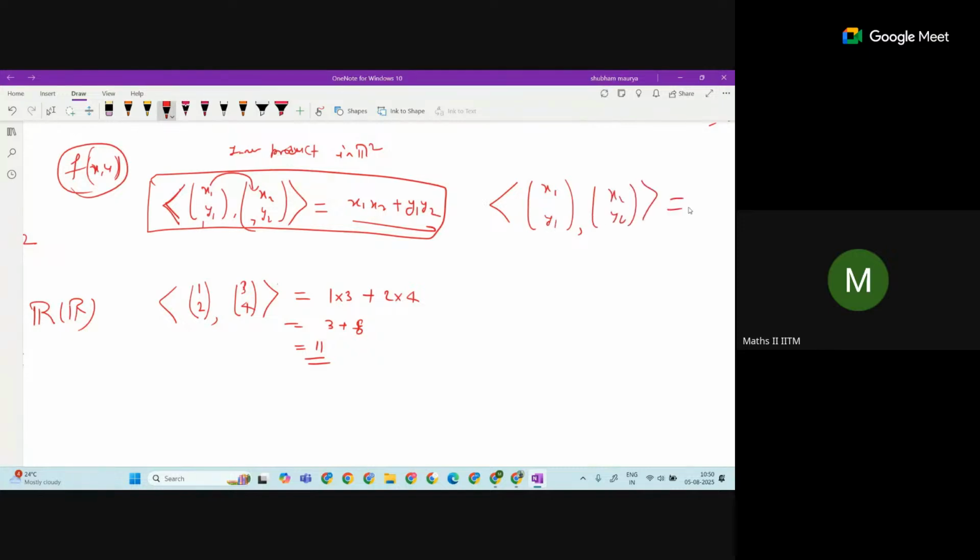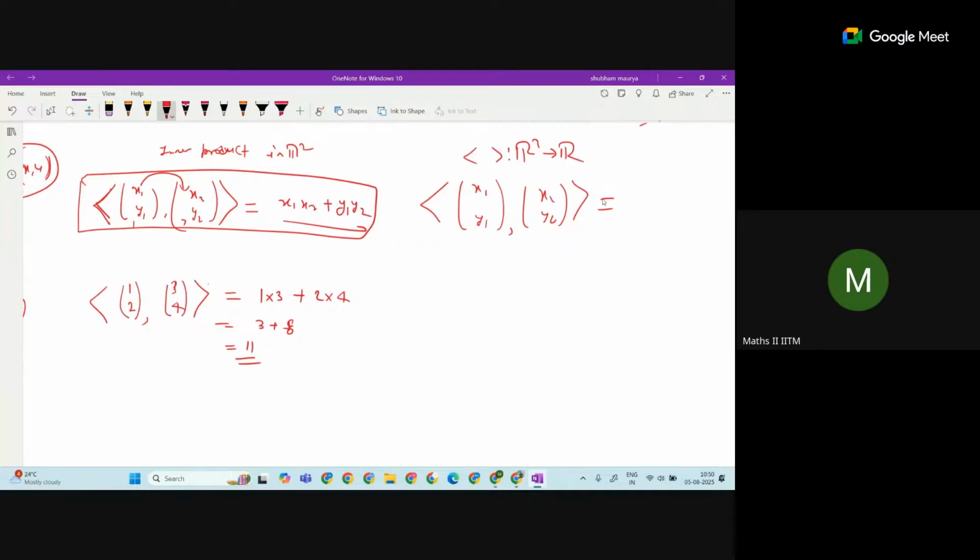Again, this inner product is from R2 to R. I'm defining it very differently. See how I'm defining it: x1 x2 plus just y1. Now if you use this definition, what is going to be the value? Can anyone answer it?